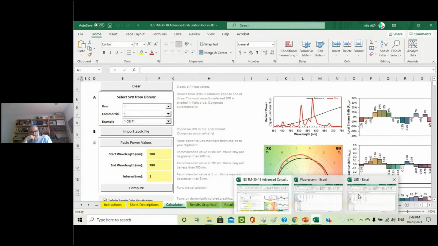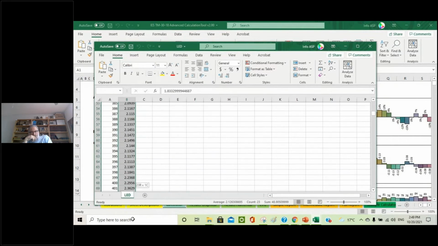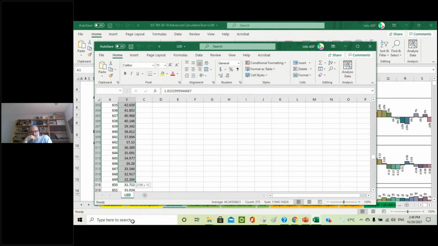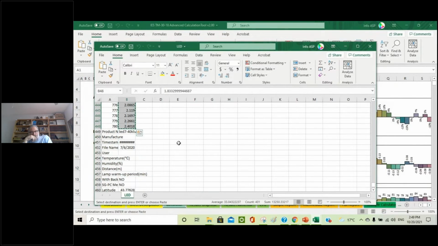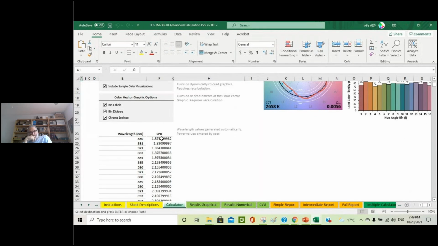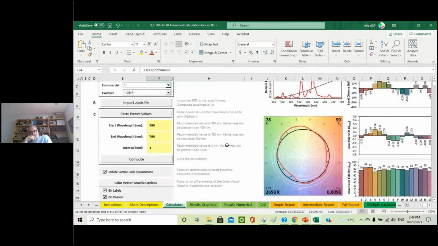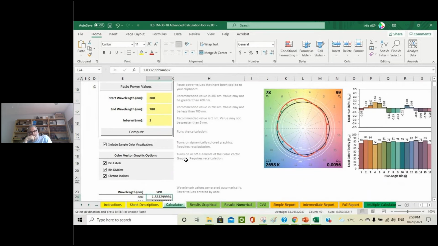I'll go there to the LED, and then I would copy all this irradiance data. So I'll say Control C, and then I come to the calculator, and over here I put under SPD the first row of SPD and say Control V. So once you do that, you can click Compute.